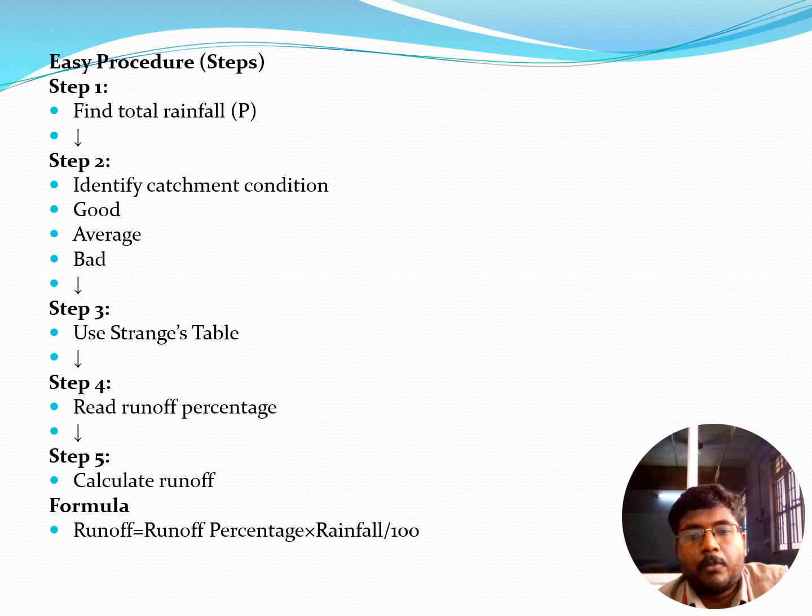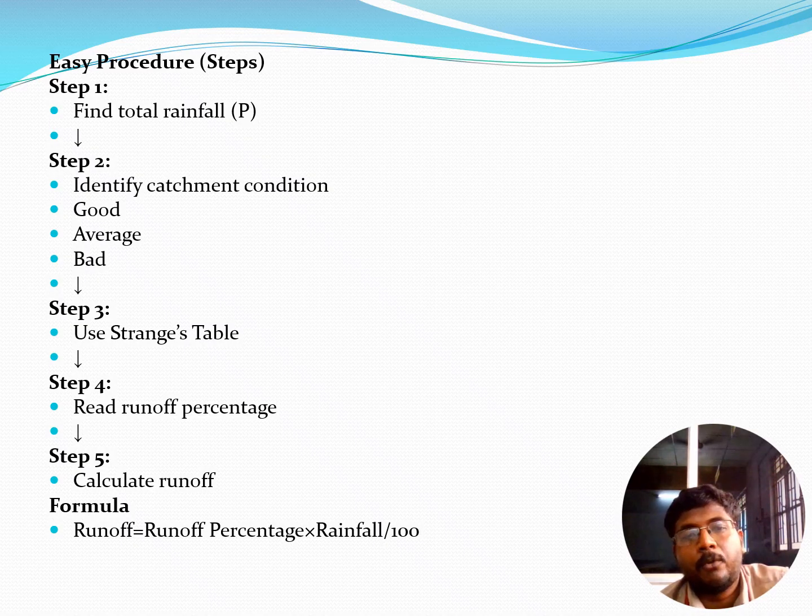Next we see what procedures should be followed. There are five different steps to calculate the runoff. In the first step, we find out the total amount of rainfall at a given particular location. After that, we identify the catchment condition. For example, there are three different catchment conditions: good catchment, average catchment, and bad catchment.